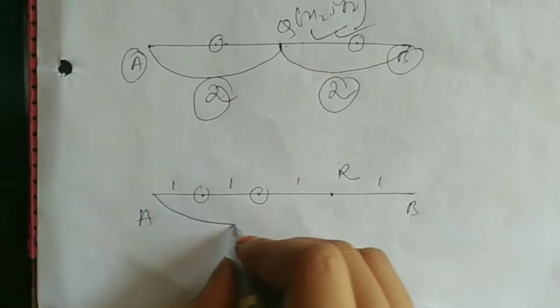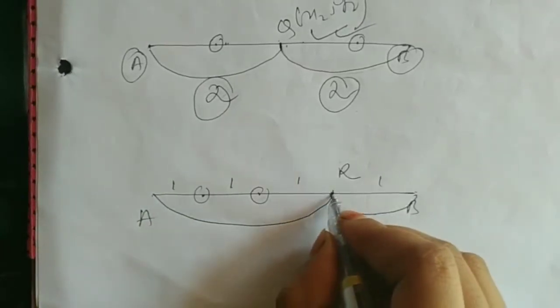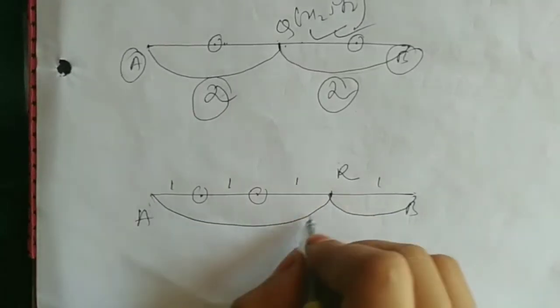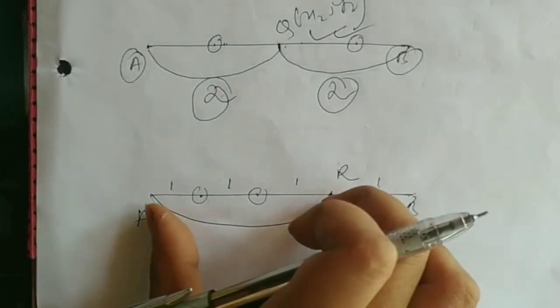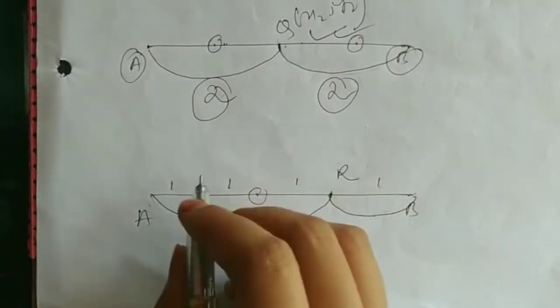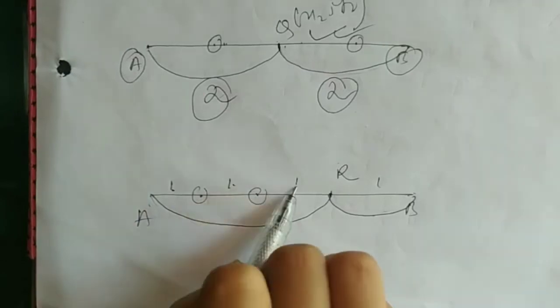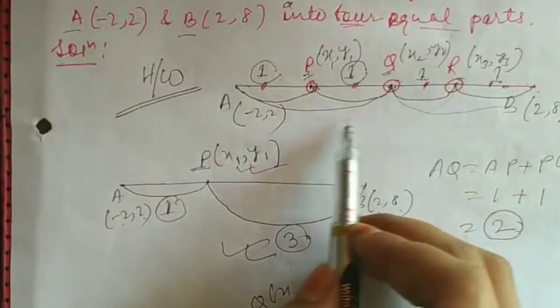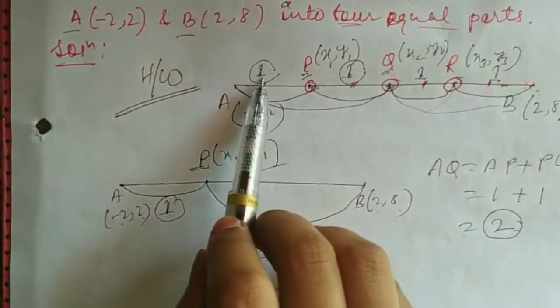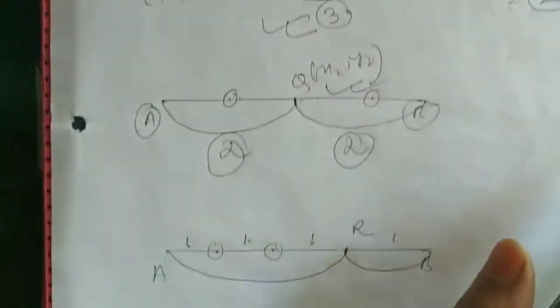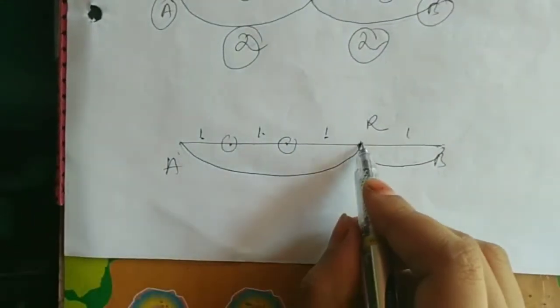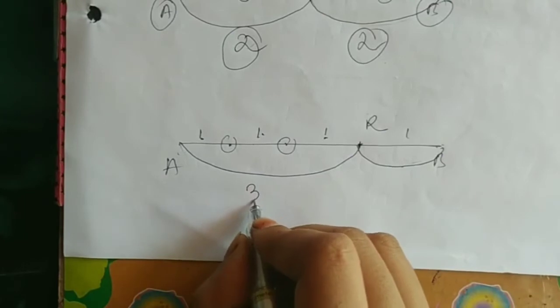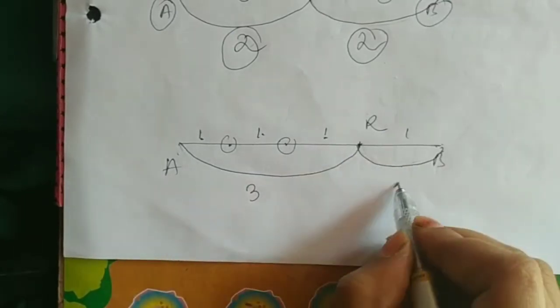So AR and RB. R divides AB into two parts. This is AR and RB. So how many parts are there up to AR? You can see how many parts are here? 1, 2, 3. Is it? So AR will be 3 and RB will be 1.